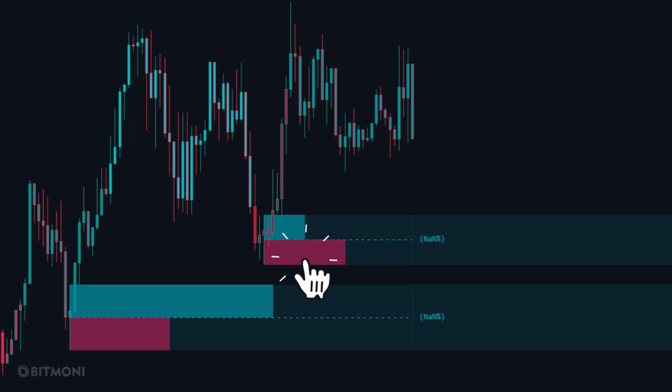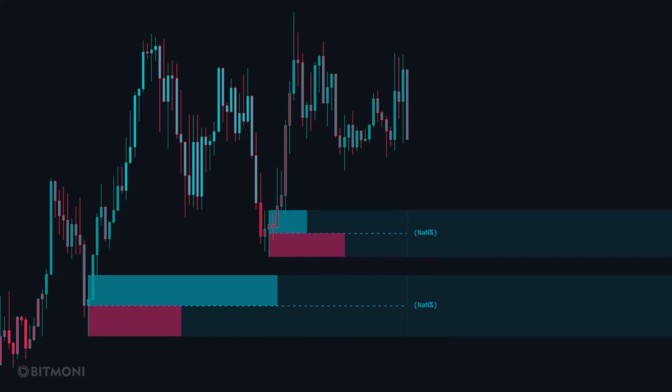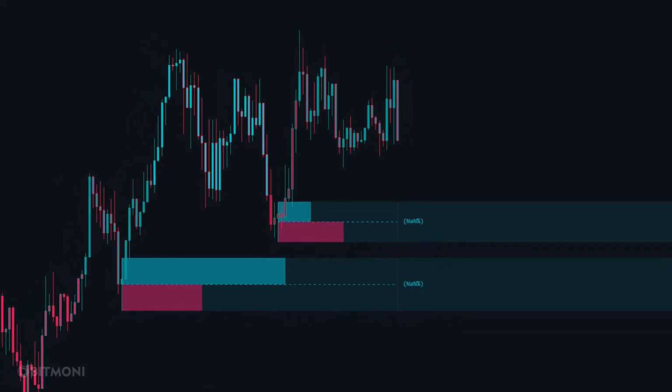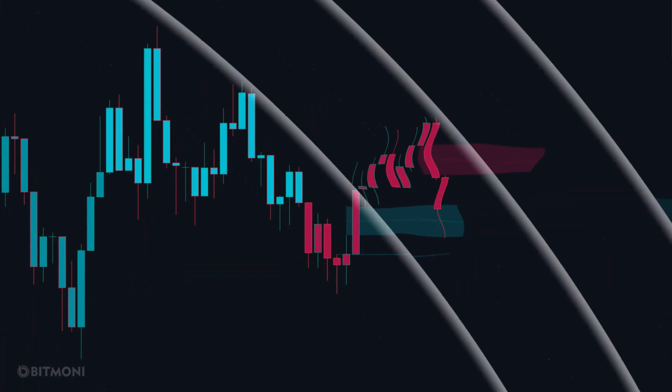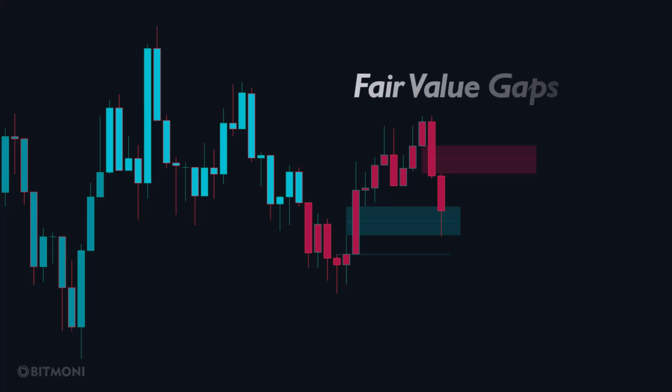Conversely, a longer red bar signals sellers' dominance, pointing to potential bearish continuation. Importantly, this volumetric info is dynamic, updating in real time as price action evolves, giving you up-to-date insight into market sentiment within each zone.